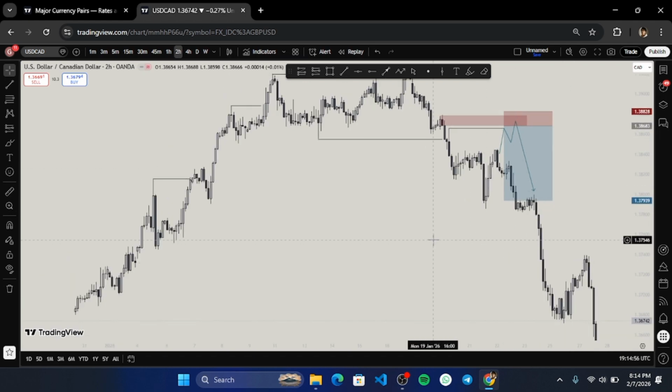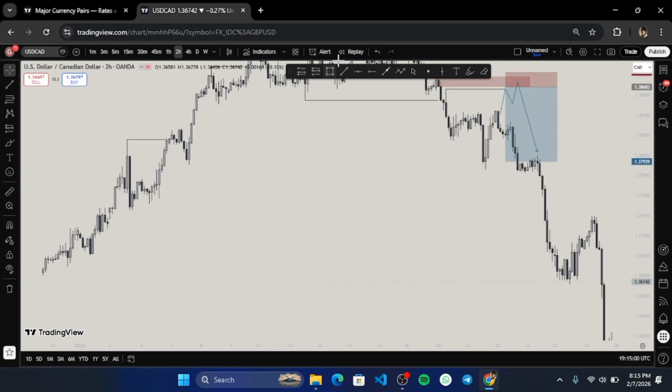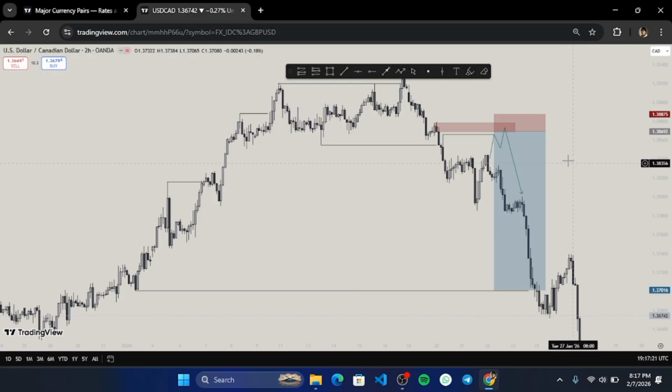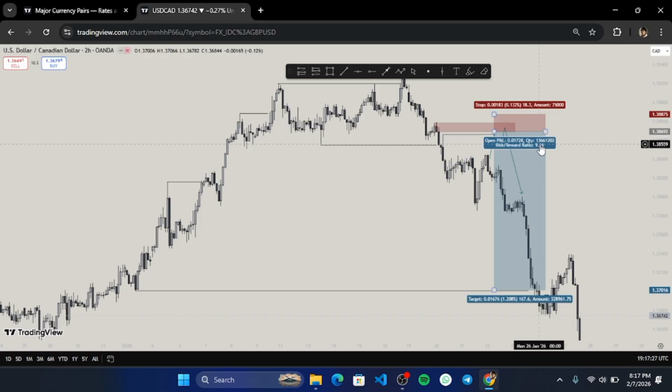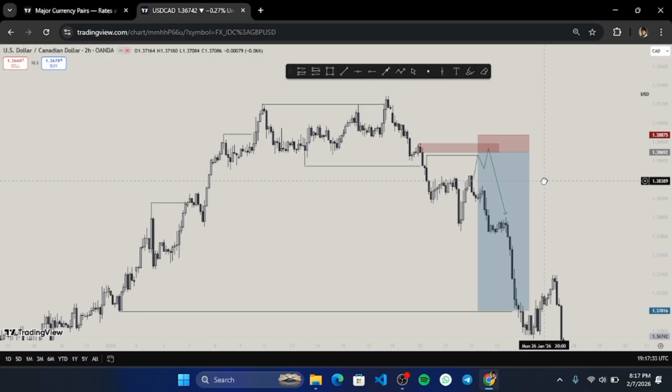Then, let's say I want to use a swing point for my take profit. So let's assume that I used here. This is what the trade is going to look like. So let's say the market came and tapped us in. This is a 9.16 ratio, and this is a very good risk to reward for this kind of strategy.